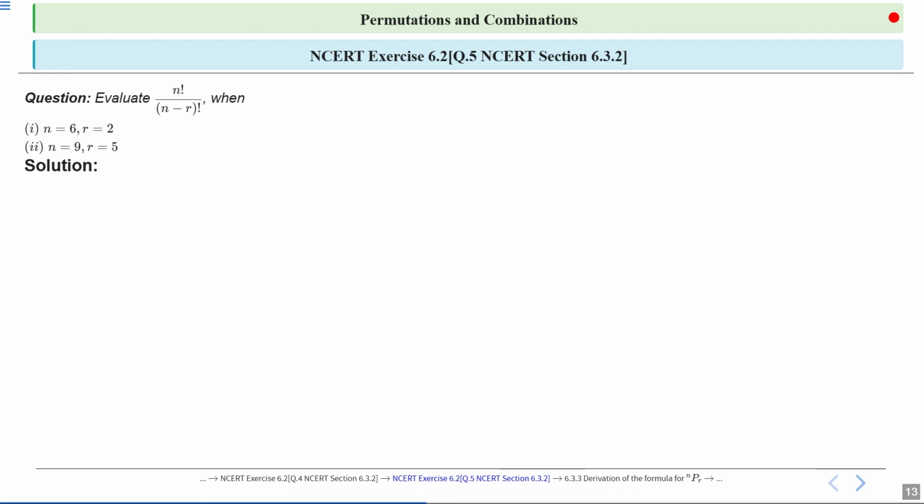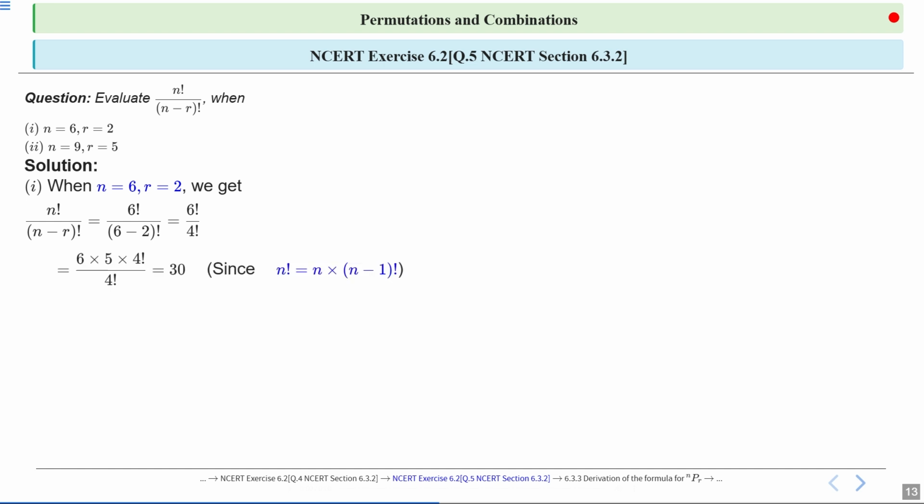So let's start the solution step by step. When n is equal to 6, r is equal to 2, we get n factorial upon n minus r factorial, which is equal to 6 factorial upon 6 minus 2 factorial. This is equal to 6 factorial upon 4 factorial.